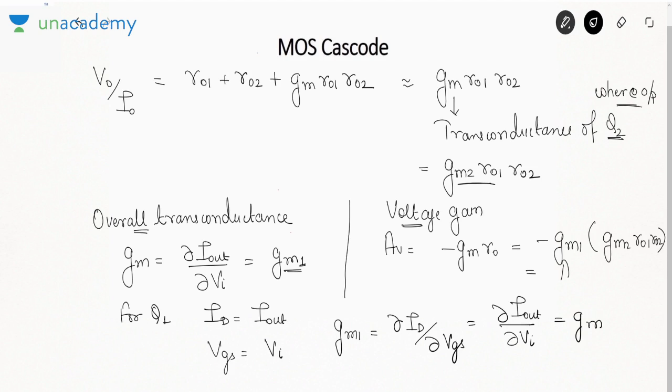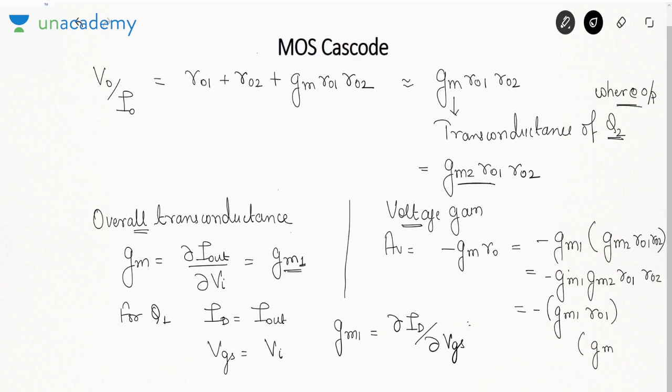So it is equal to minus GM1 GM2 R naught 1 R naught 2, or you can say minus GM1 into R naught 1 and GM2 into R naught 2. Okay, that is basically the product of voltage gain of both the transistors.